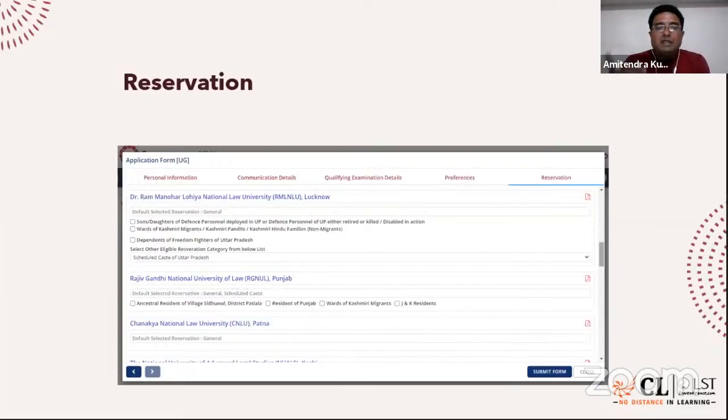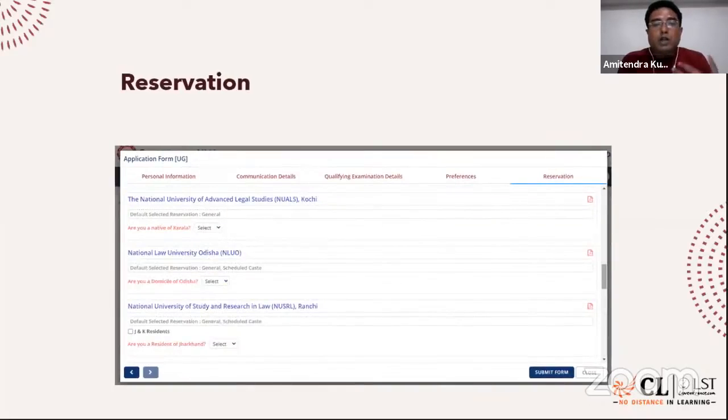You must exercise caution. You must fulfill the eligibility if you're selecting any particular checkbox, so that you avail the benefit. But the most important aspect is that you must have your document ready. Whatever eligibility criteria you believe you are fulfilling, you must have your document ready, so that when you are called to produce that document at the time of admission, you are able to do that.